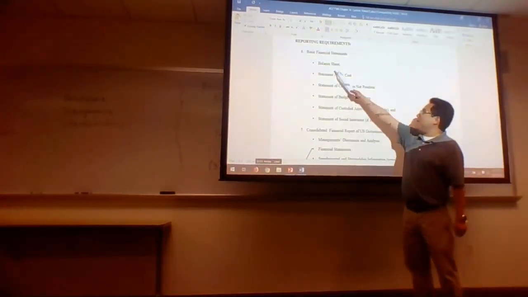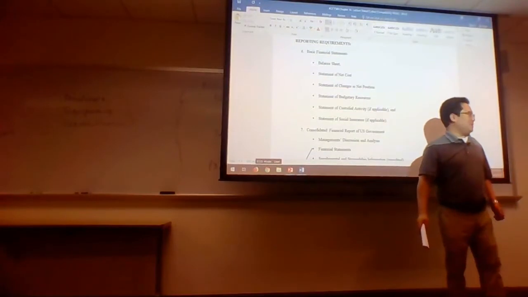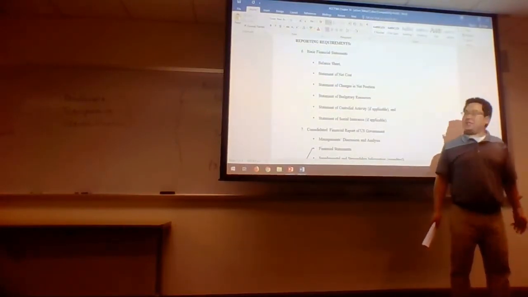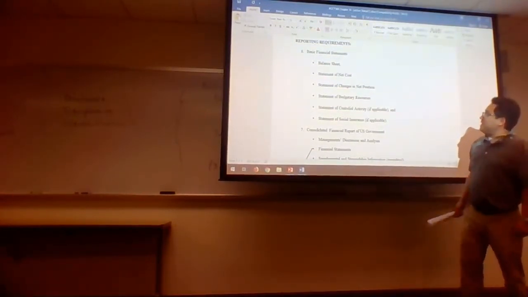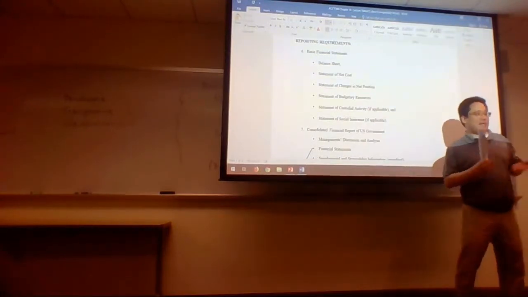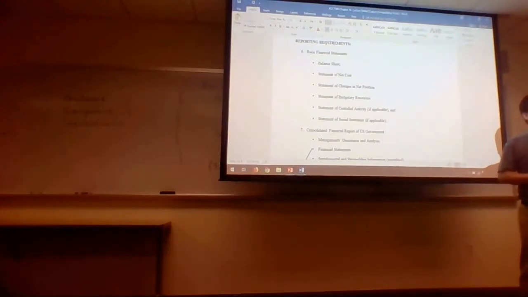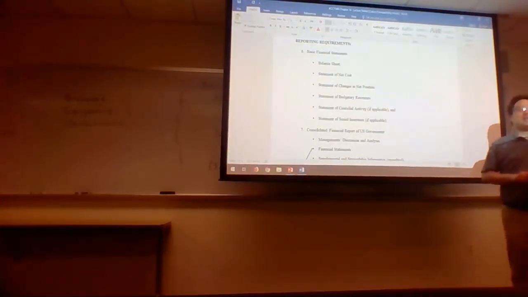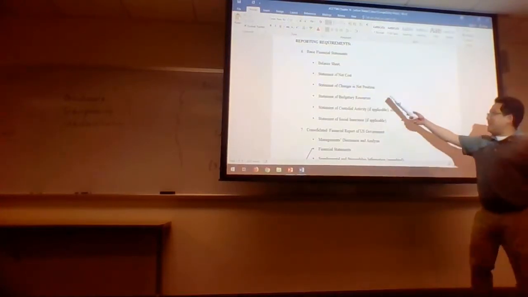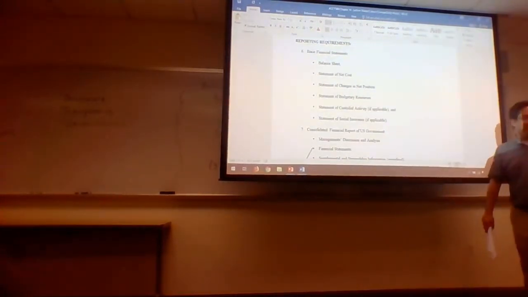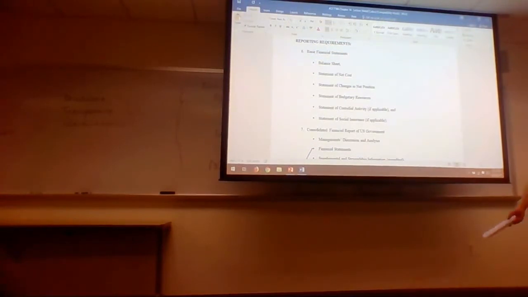What would be the for-profit equivalent of a balance sheet? It would be called a balance sheet. What about statement of net costs? What is that kind of similar to? If it has cost and revenue in it, it's similar to an income statement, right? What about statement of net position? It's kind of like a statement of retained earnings.